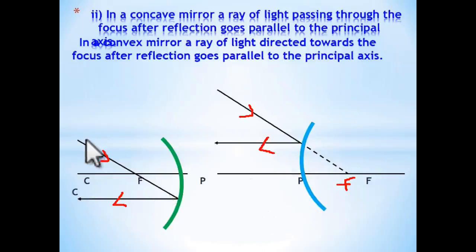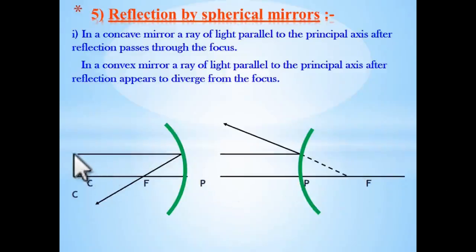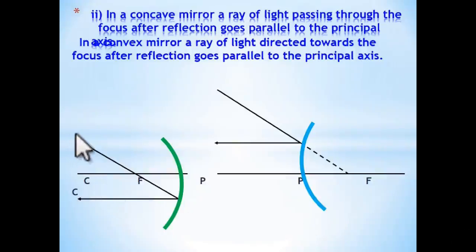So this is the second rule. So the first rule, the ray which is traveling parallel to the principal axis after reflection goes through F. The second rule, if any ray going through the principal focus strikes the mirror, it reflects back and goes parallel to the principal axis.